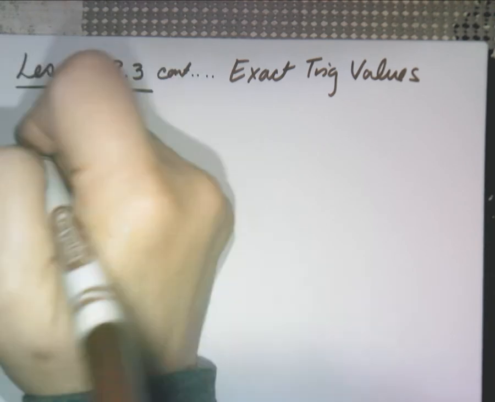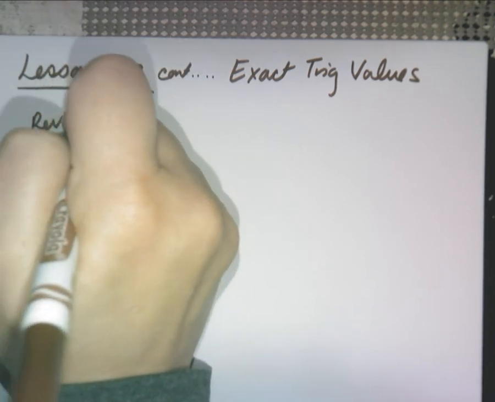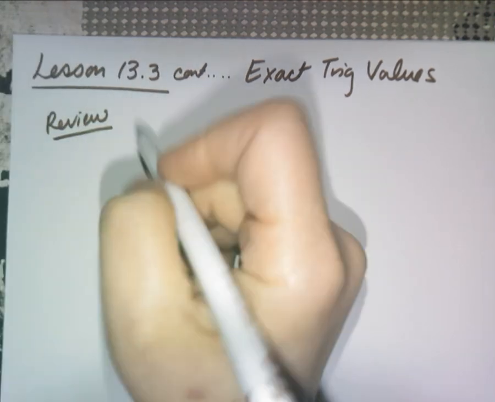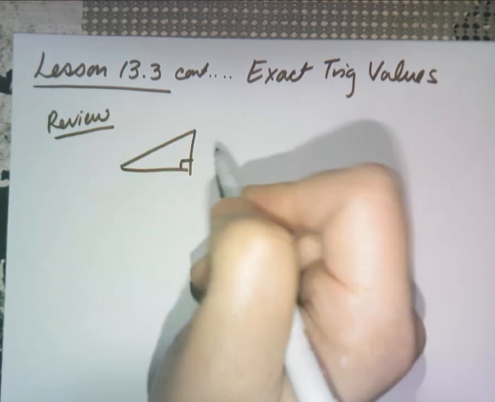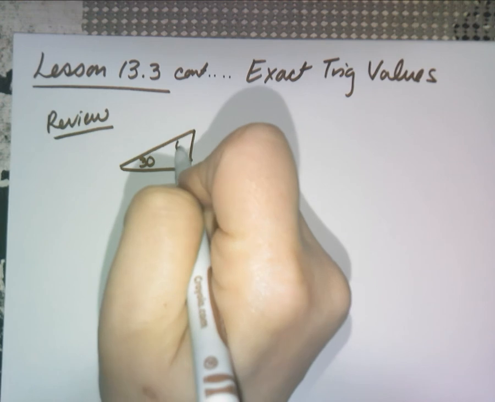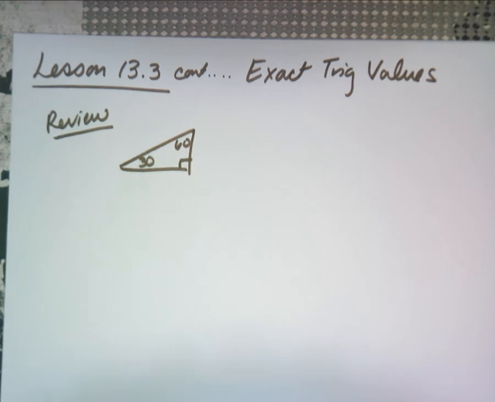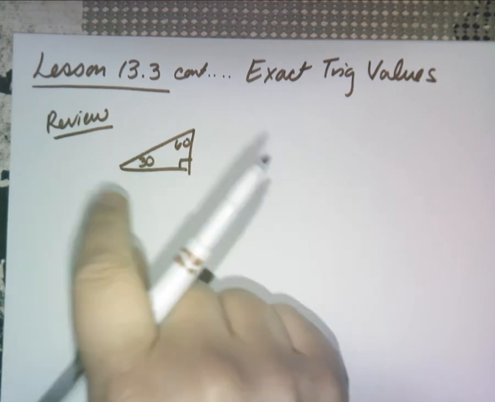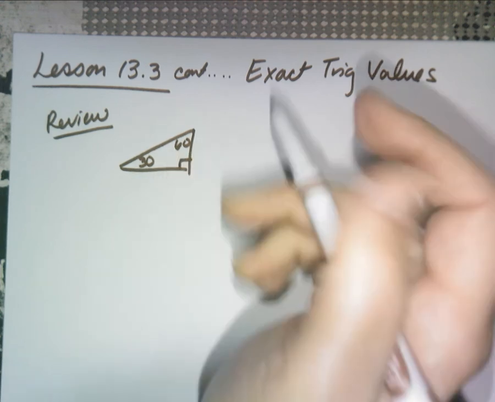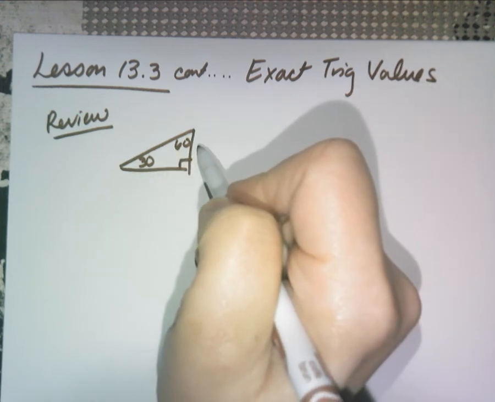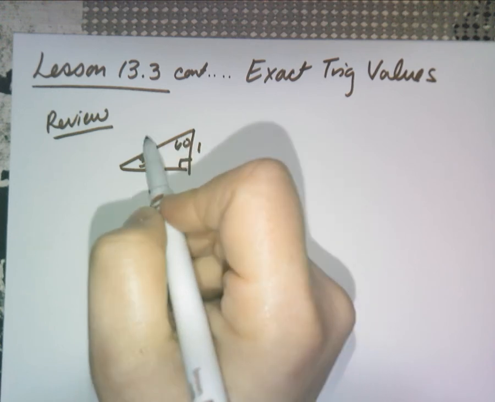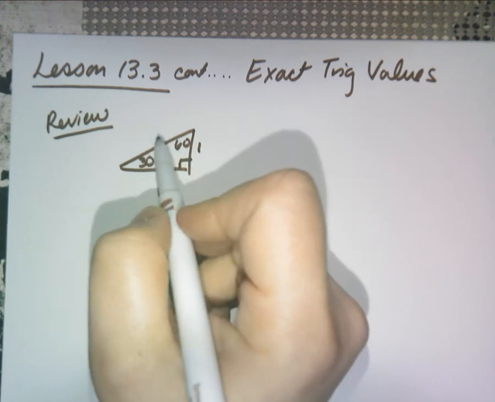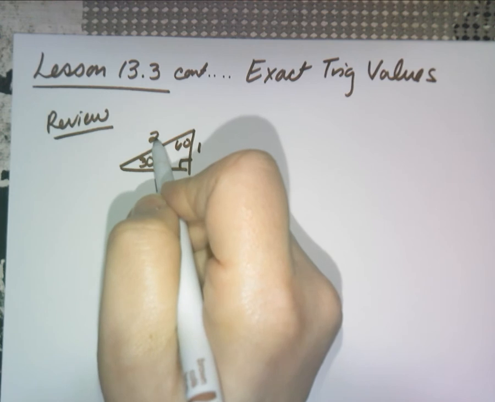But before we begin, I need to review with you good old-fashioned right triangles, where this is 30 and this is 60. Opposite the 30 degrees, you would have what's called the short leg. If I call the short leg 1, the hypotenuse is always double the short leg, so the hypotenuse would be 2.